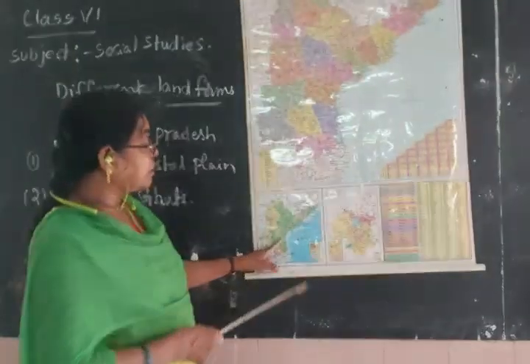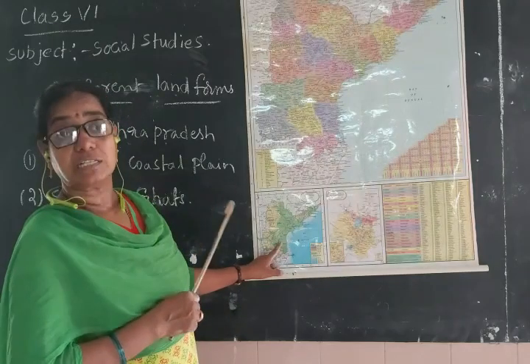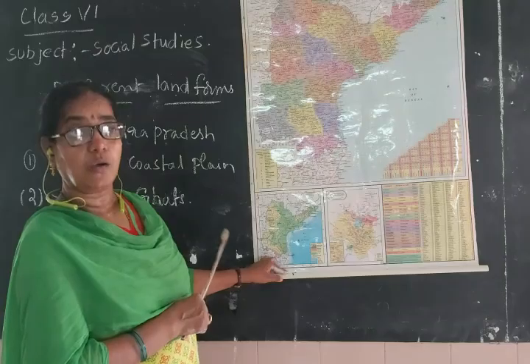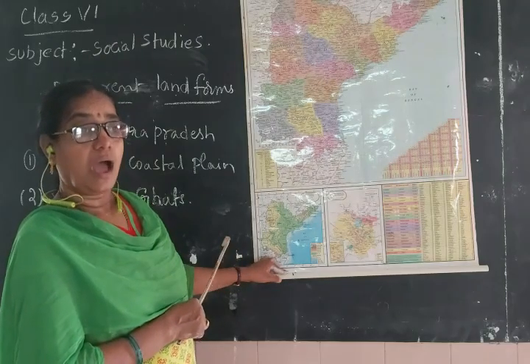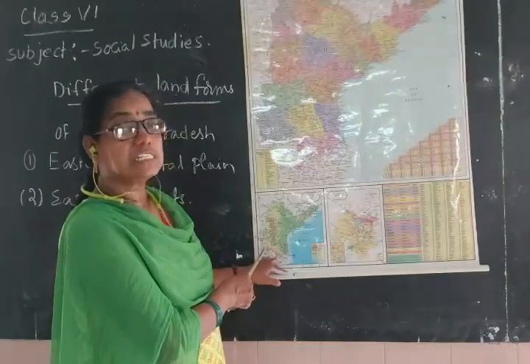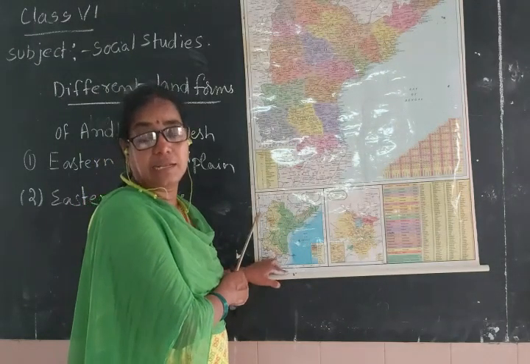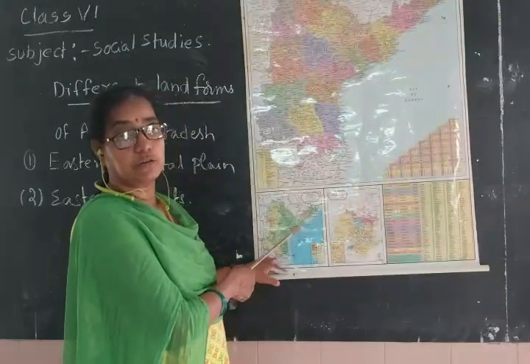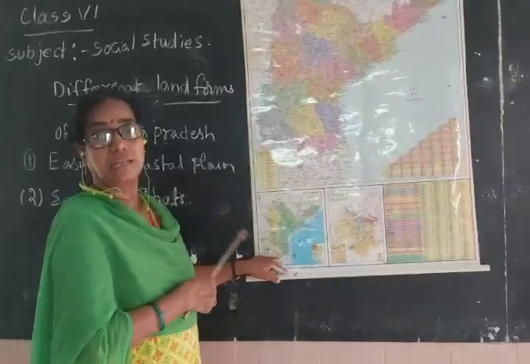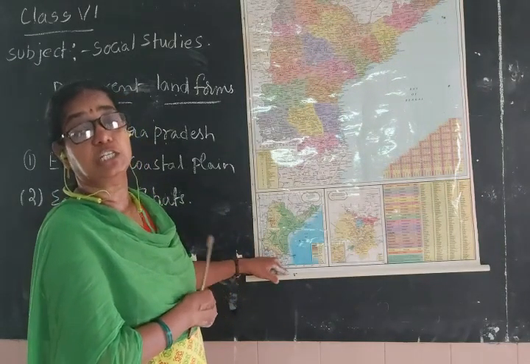What is the importance of the Eastern Ghats? Rivers are flowing through the middle of these Ghats. Those are the Krishna, Godavari and Penna rivers, and they made cuts between these hills, so we can move from one place to another, from the Rayalaseema region towards the Eastern Coastal Plain and from the Eastern Coastal Plain to other areas, because these Ghats make it very easy to move.